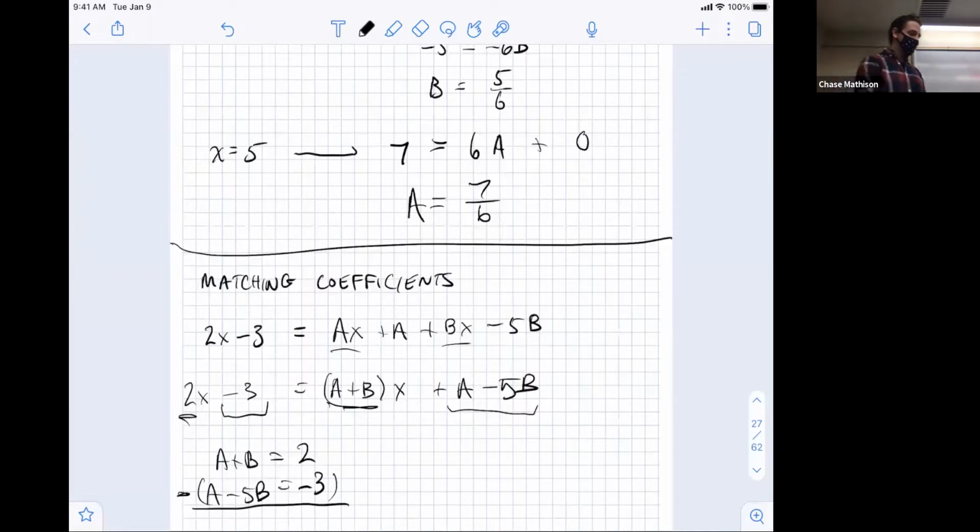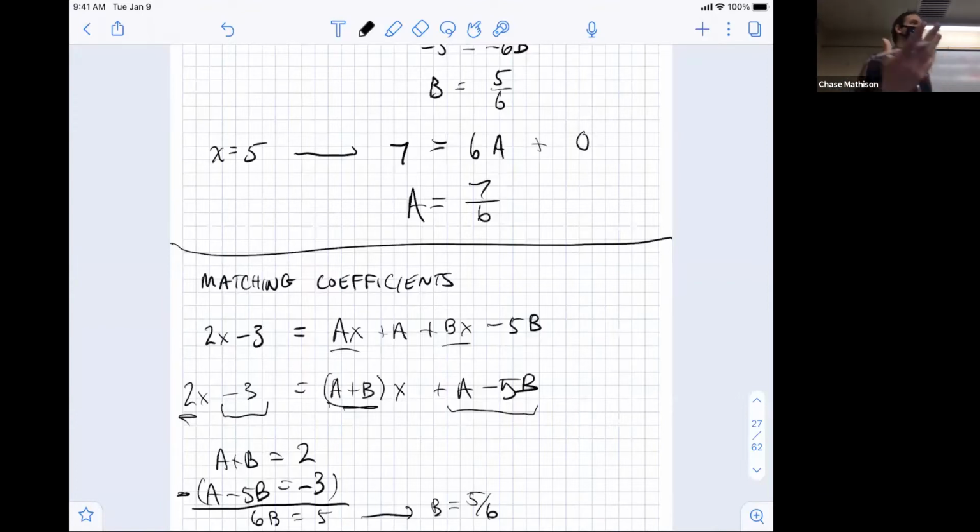And when I do that, I'm going to get a minus a is 0. b minus 5b, well, that's 6b is equal to 2 minus 3. So 6b is equal to 5, which tells me that b is equal to 5 over 6.